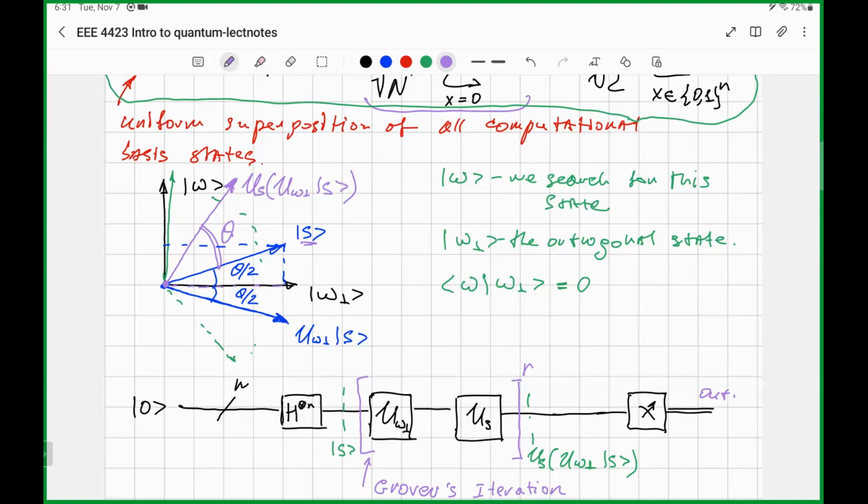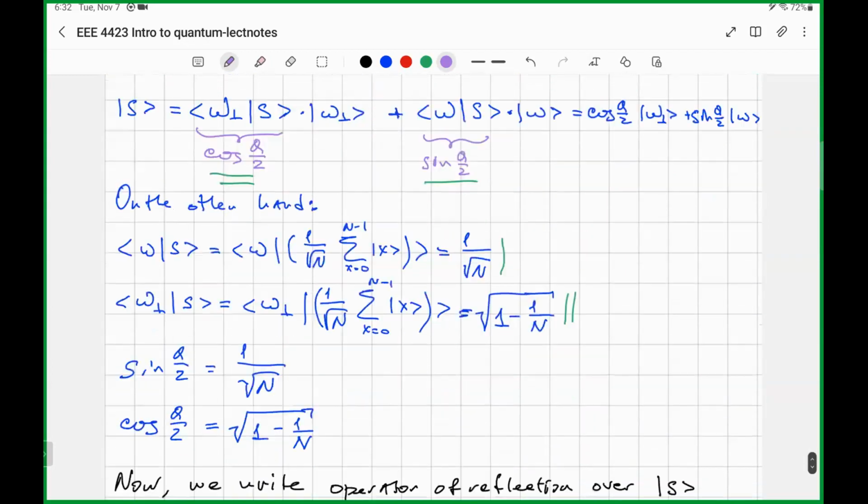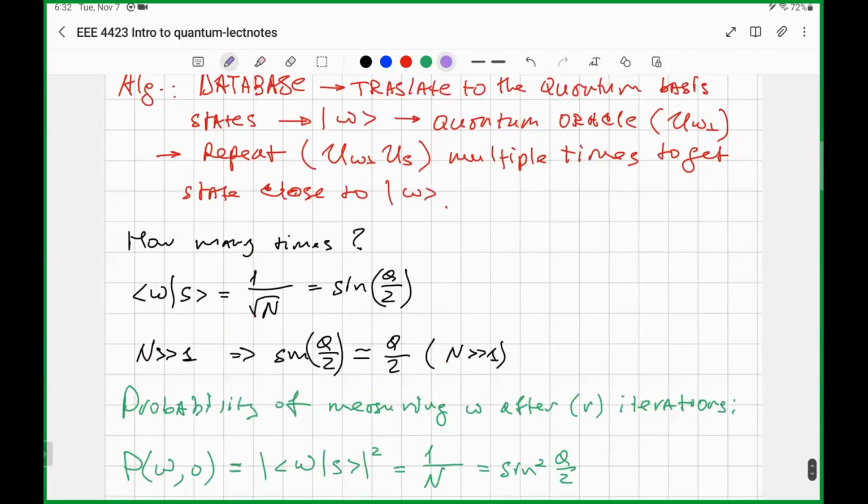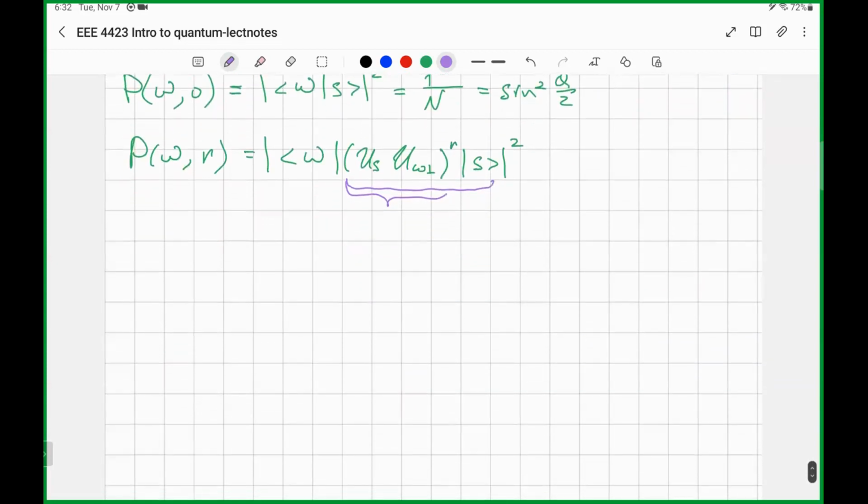However, if we continue this procedure, we will pass through, or miss, the vector omega, and at some point this projection will reduce. We need to know the number of iterations that will give us the correct result.